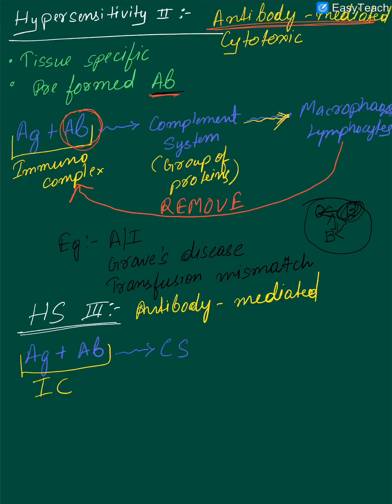But here, the complement system does not stimulate the formation of the macrophage. So there is no formation of macrophage. In hypersensitivity 2, the immunocomplex was removed because of the formation of macrophage, but in this there is no formation of macrophage, so the immunocomplex cannot be removed.